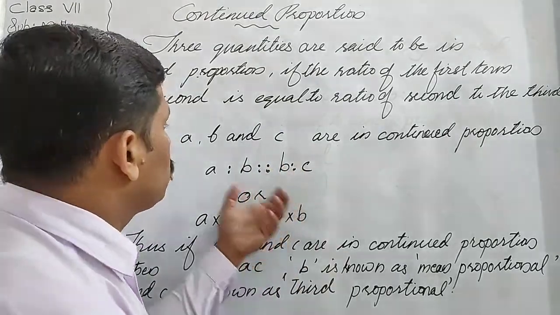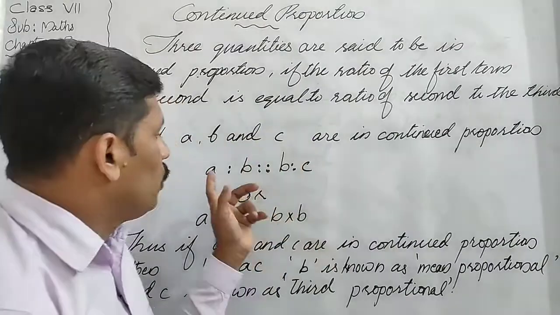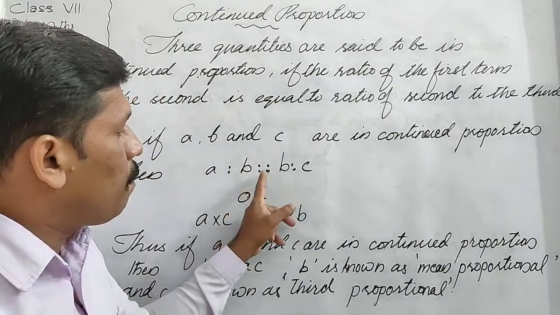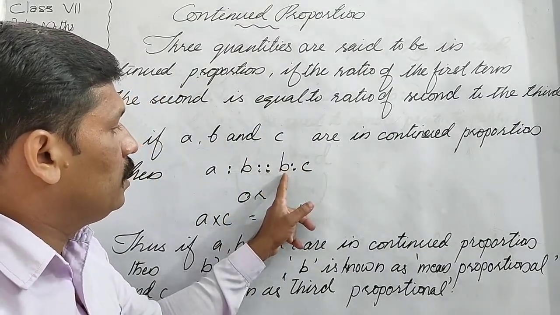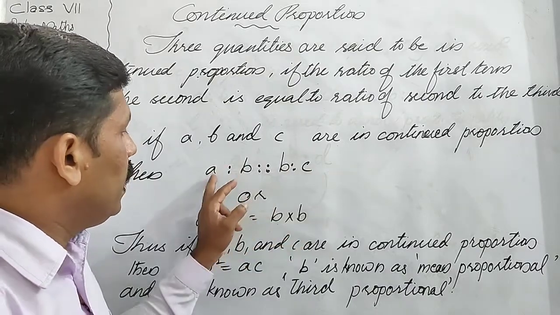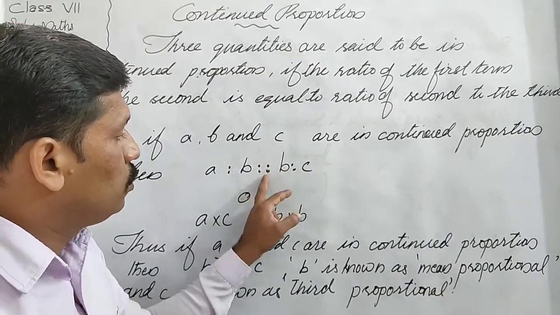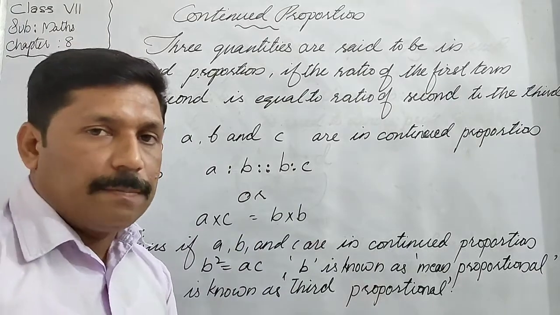Here only three quantities are there, A, B and C. Sorry, A is to B proportionate to B is to C.